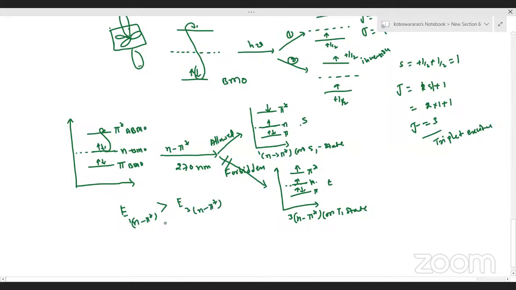Why it has the higher energy, why it has lesser energy, I will give you clarity in the next session, the next topic. Okay, this is the n to pi star transition, which produces the singlet and triplet excited states. Okay. Next.